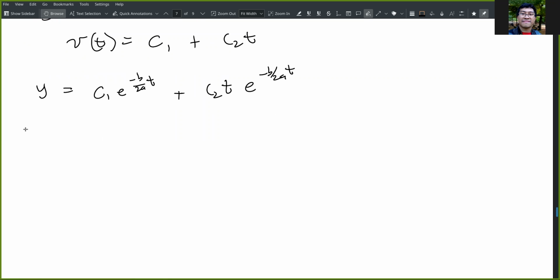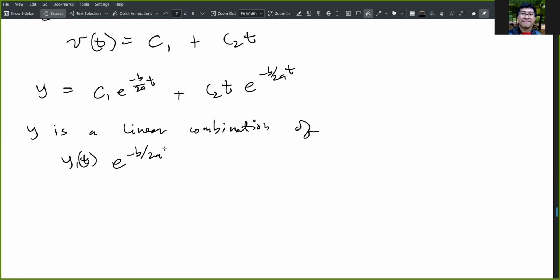So y is a linear combination of y1, which is e to the minus b over 2a t, and y2, which is t times e to the minus b over 2a t.